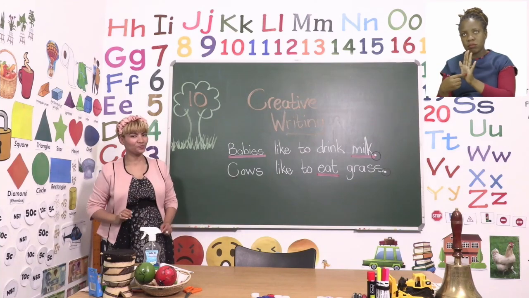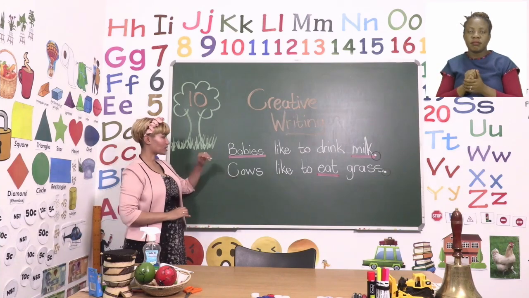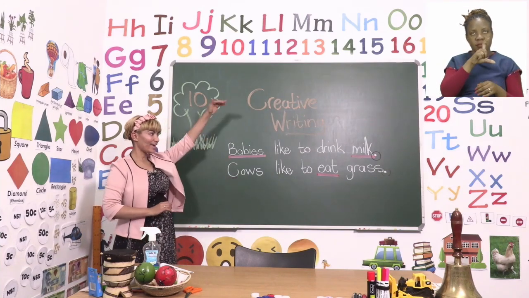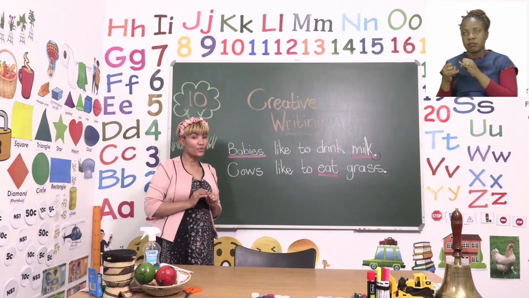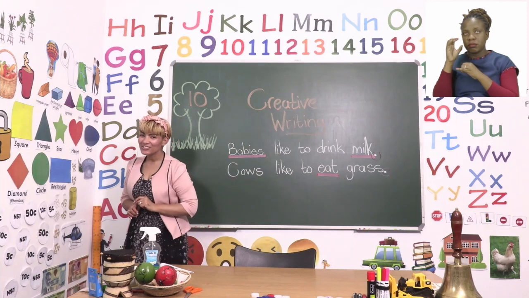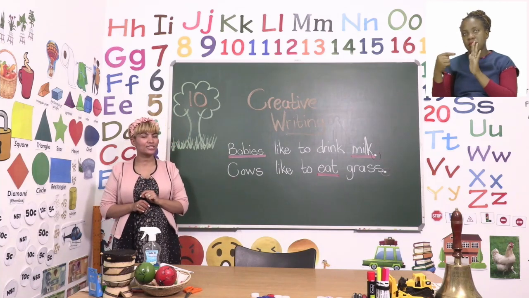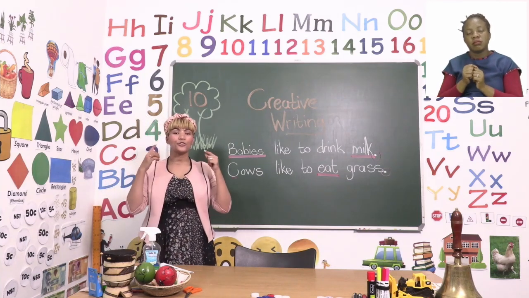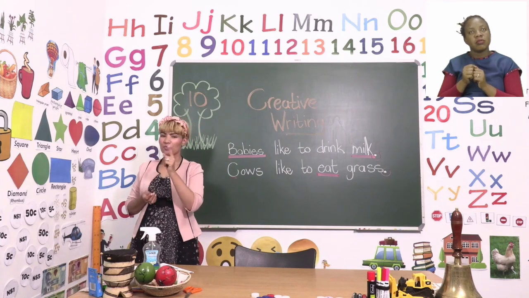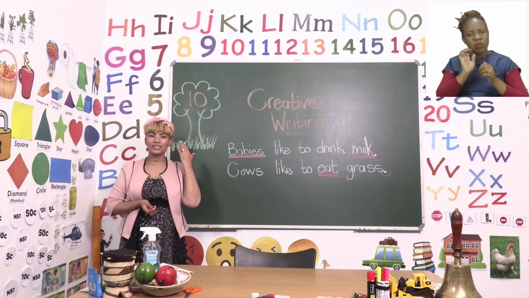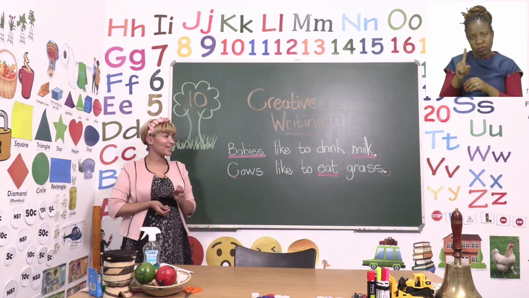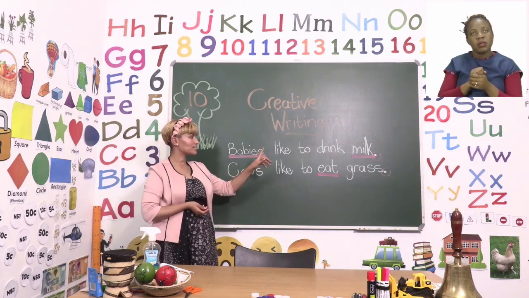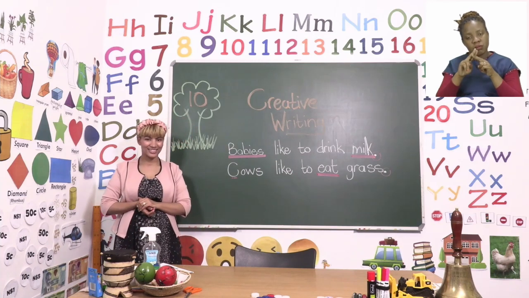So, remember, we start with a capital letter and we end with a full stop. Now everyone, I'm going to leave you to finish all the sentences. Remember, you can say your sentences out loud to make sure that it actually makes sense to you, and make sure that you use the words in your sentences.